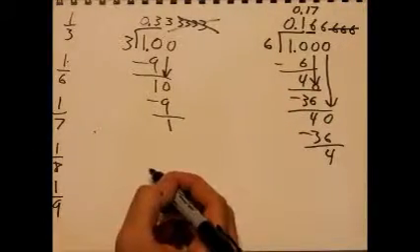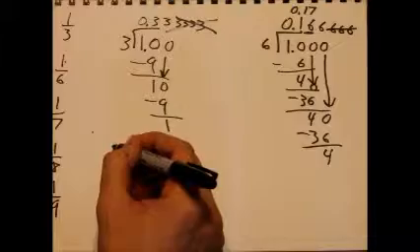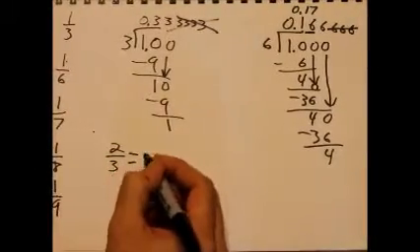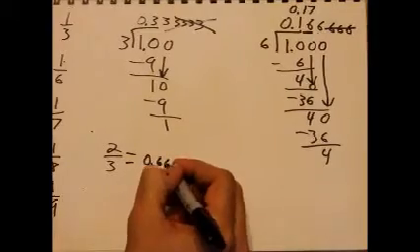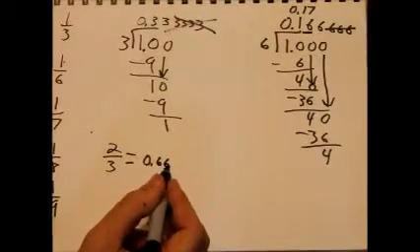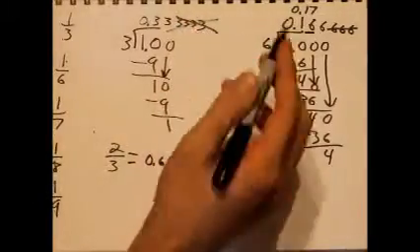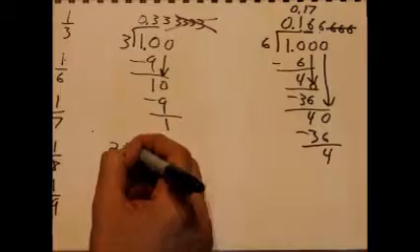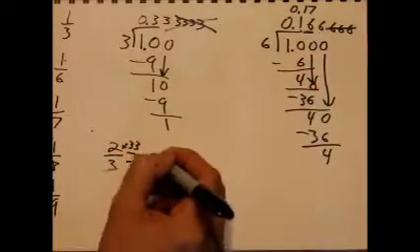Another thing that I haven't really talked about too much is the fraction 2/3. Now I've been writing it as 0.66, and that's close to the answer, but it's not quite. As we know, we've been cutting off these answers, and I just wanted to be able to multiply 2 times 33 and get 66.